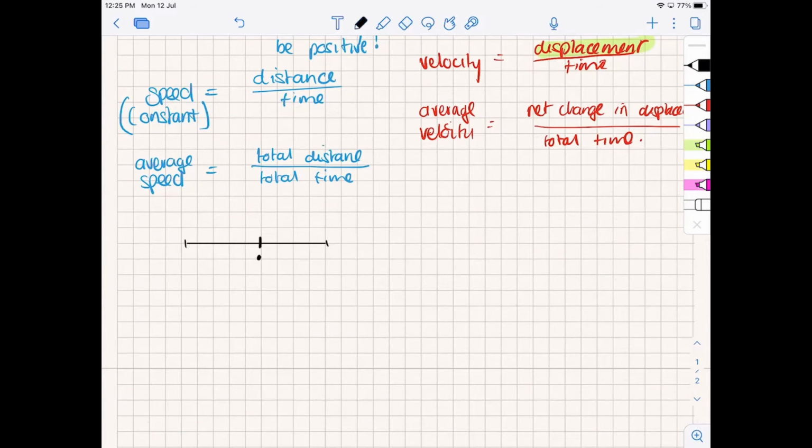So the first thing that we're giving is, this is the starting point here. Okay, we have the starting point in the middle. We're going to define going in this direction as positive, and we're going to define going in that direction as negative.